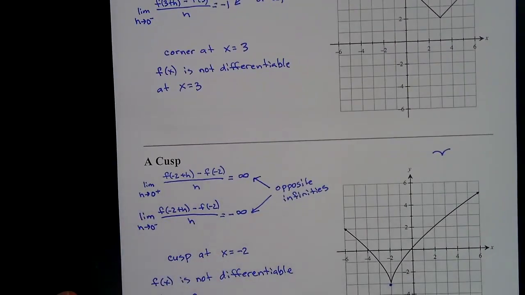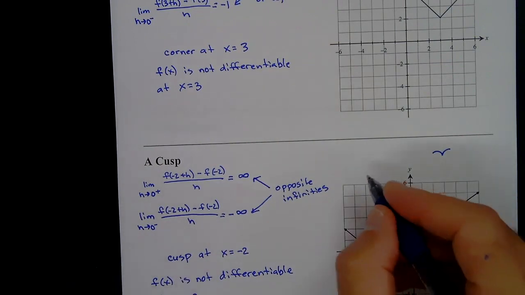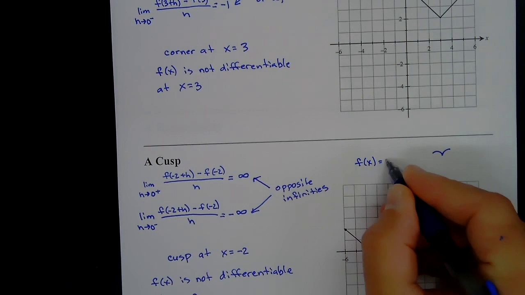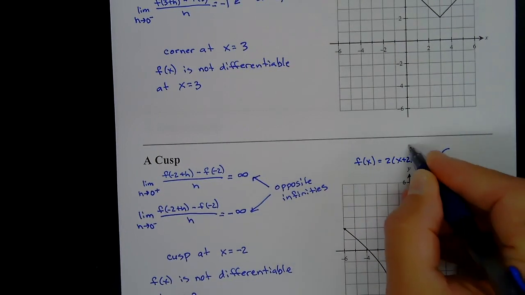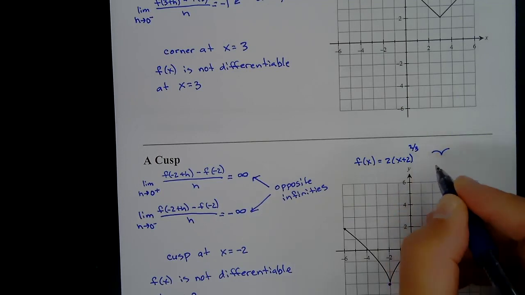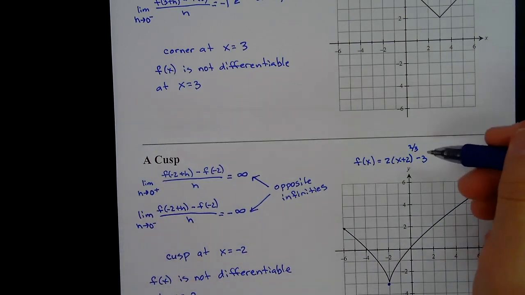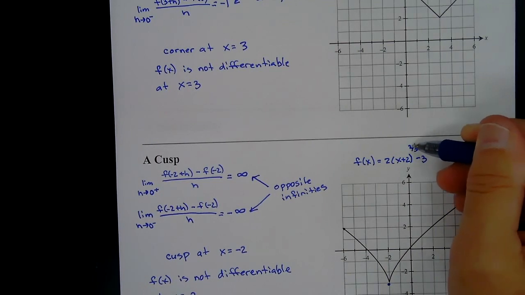Cusp, this function here was f of x is equal to 2 times (x plus 2) to the 2/3 power minus 3. Okay, so this is one thing that's going to happen when the denominator is an odd number and the numerator is an even number.